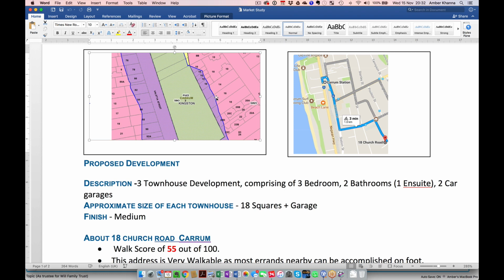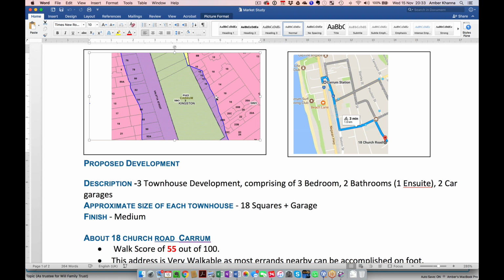Is it flood overlay or is it land inundation overlay? I will double check on that. As soon as I saw blue, I thought it's flood, but it could be land inundation. No, if it's LSIO, which is land subject to inundation overlay, they won't let you build a habitable structure on it.